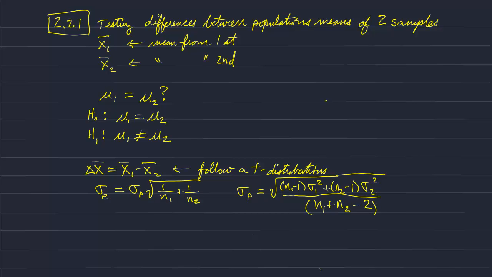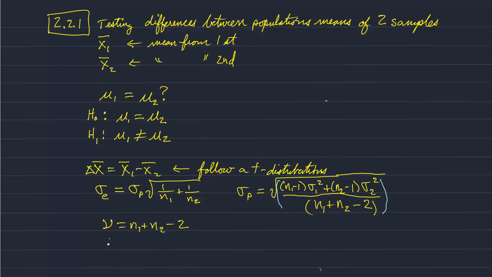And I want to make this clear that the square root applies to the whole thing. The whole thing is under the square root. The pooled degrees of freedom are the total number of observations minus 2.